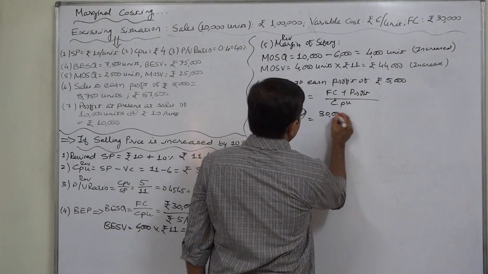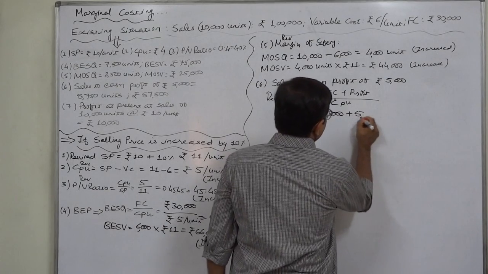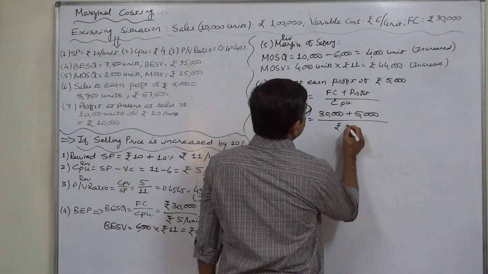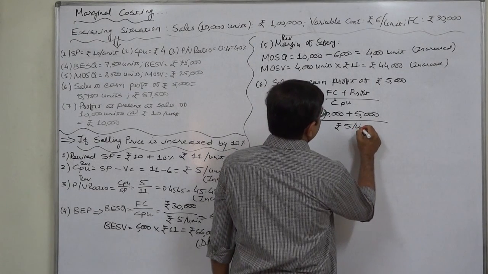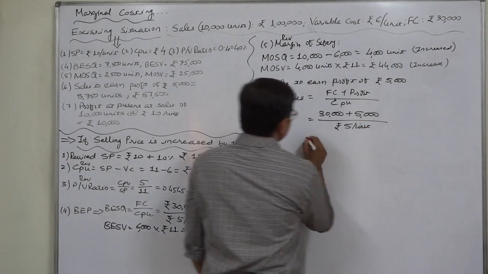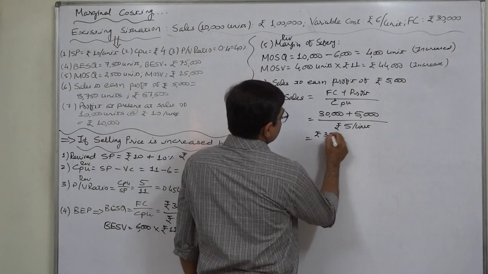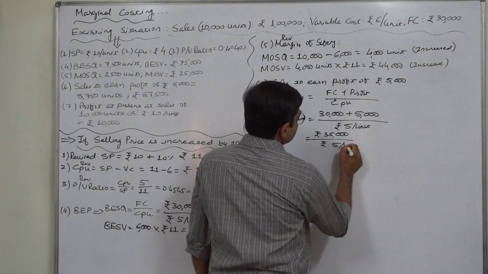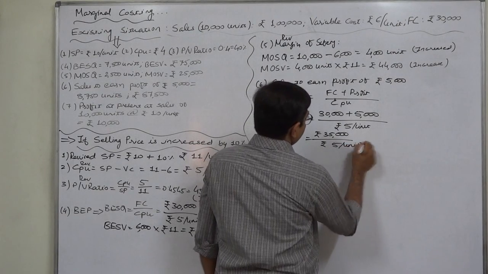Fixed cost is 30,000, profit desired is 5,000, but now the contribution is rupees 5 per unit. So ultimately it is something like this: 35,000 divided by contribution per unit, which is 5.